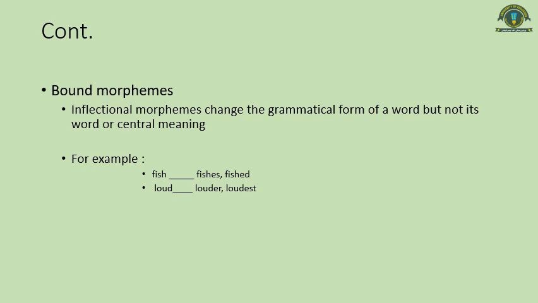So es again is an inflectional morpheme. It just gives some kind of grammatical meaning to the word. So first the word was fish, then we have ed, and it adds the grammatical meaning of past tense, and then we put s and es as the grammatical meaning changes.